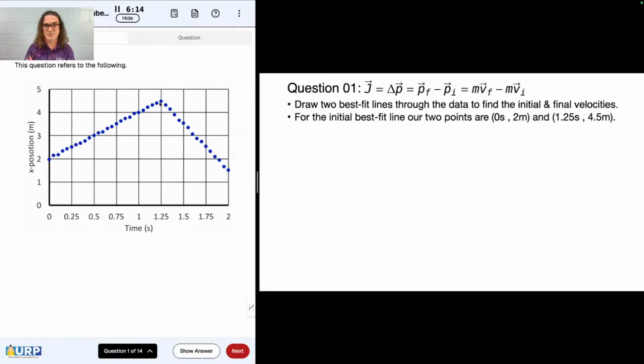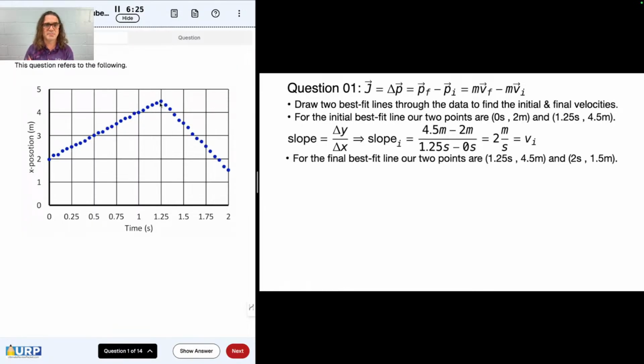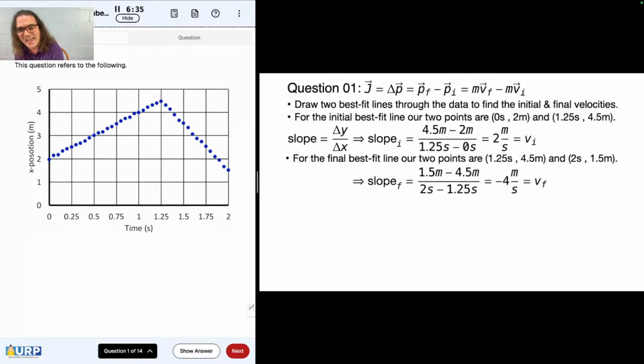The final point is at 1.25 seconds and 4.5 meters. And so for this first one, we get 2 meters per second for that initial velocity. For the final best fit line, the 2 points are 1.25 seconds and 4.5 meters, and then 2 seconds and 1.5 meters. Again, you can plug in those numbers, and you get -4 meters per second for the final velocity.